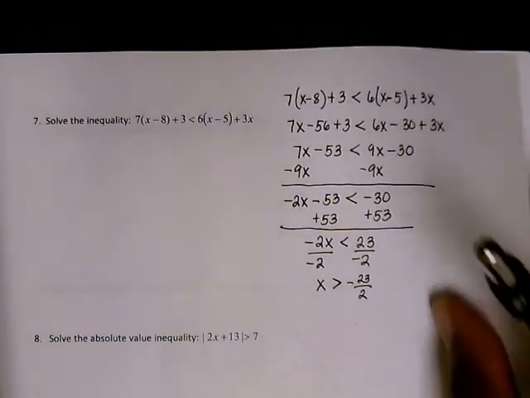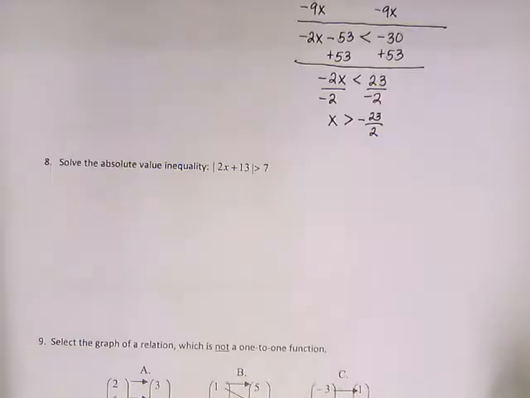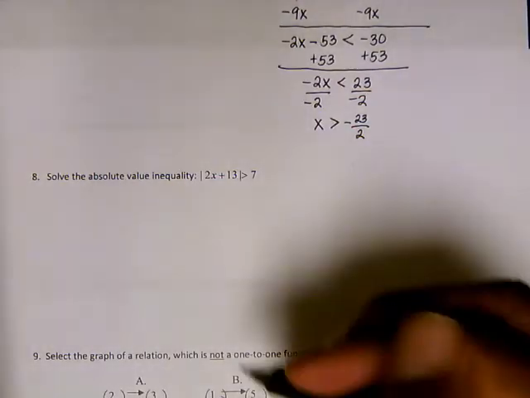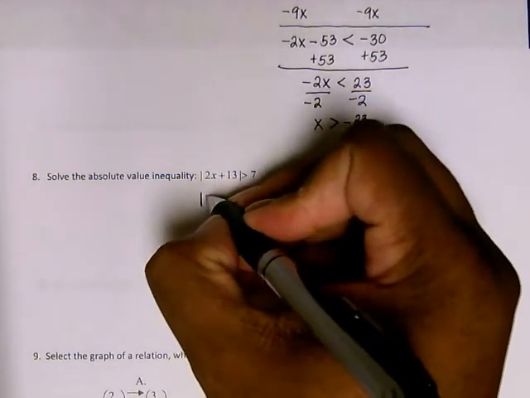Okay, problem number 8 is an absolute value inequality. In this case, you've got the absolute value of 2x plus 13 is greater than 7.